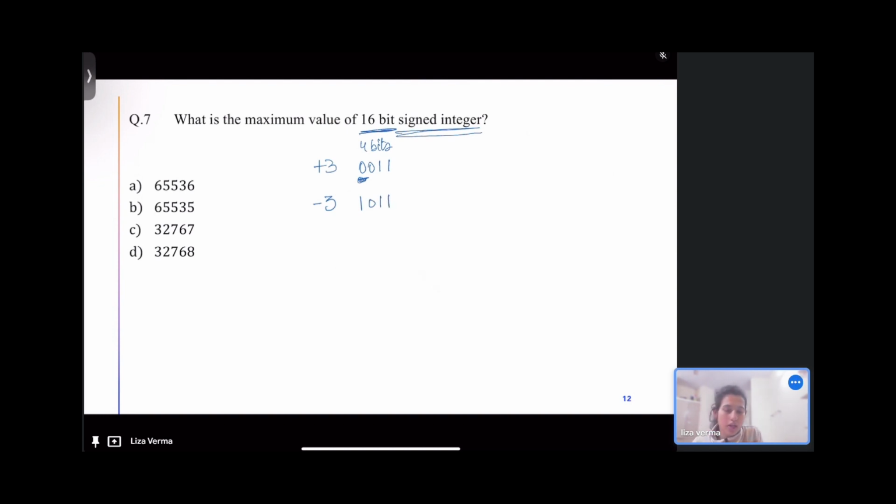Now if it's not given that the number is signed and only the string is given, you could easily write it as 8 plus 2 plus 1, which is 11.